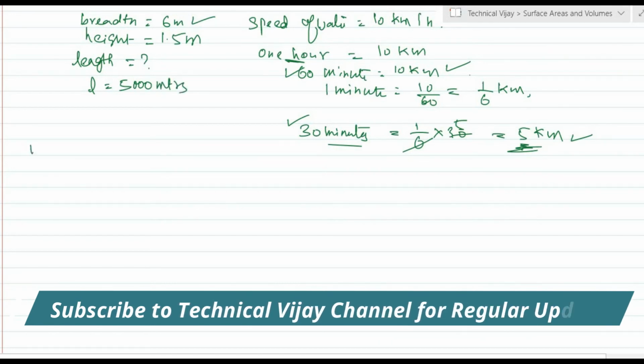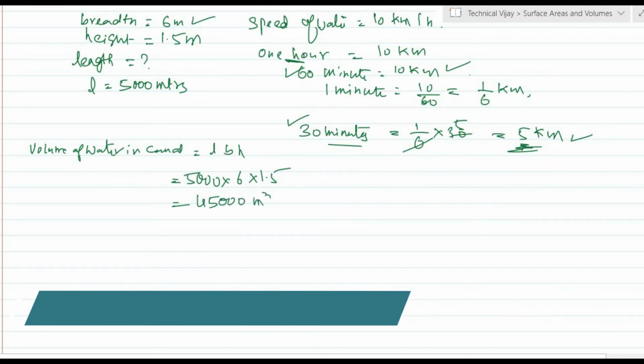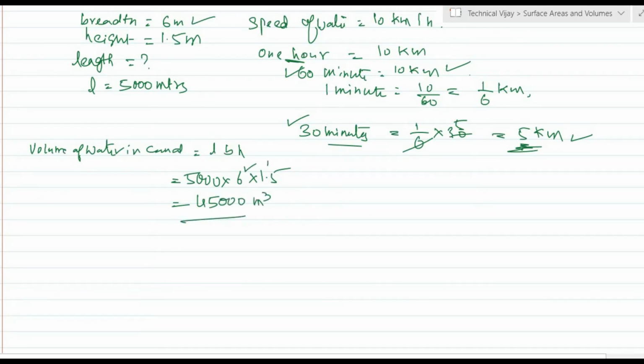Now the volume of water in a canal is equal to L into B into H. So here L is 5,000 into B, that is 6, into 1.5. So this is equal to 45,000 meter cube, because this is in meters, and this is also we have converted to meters.